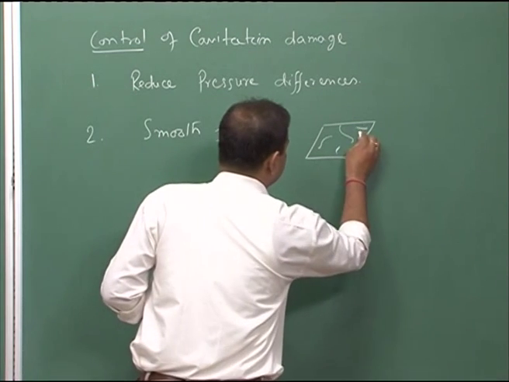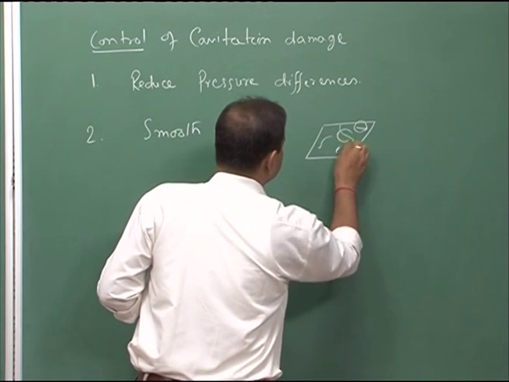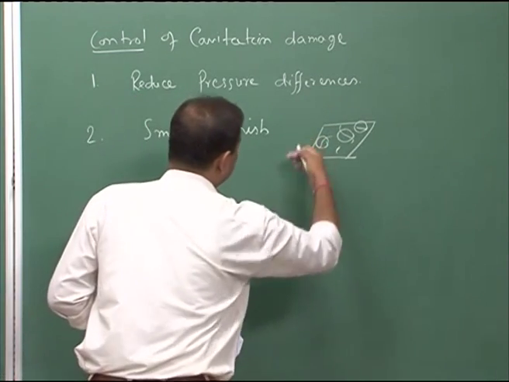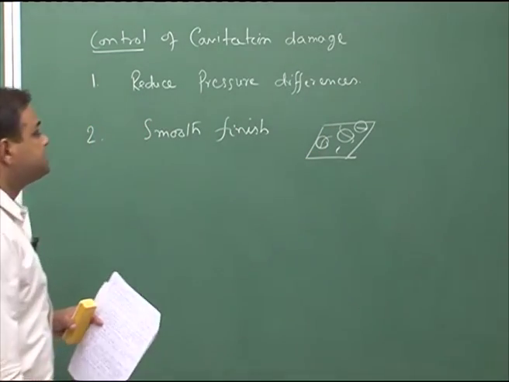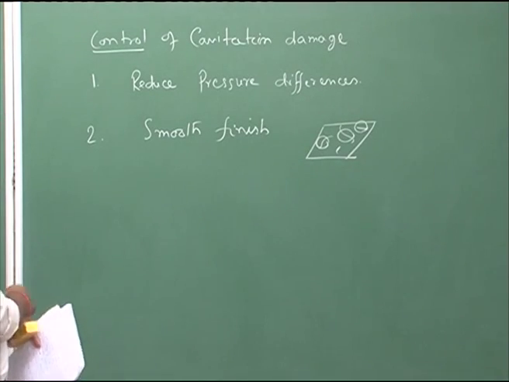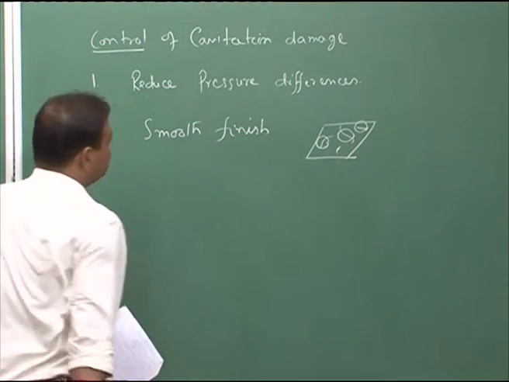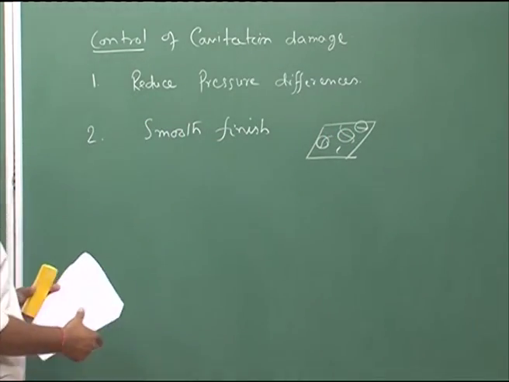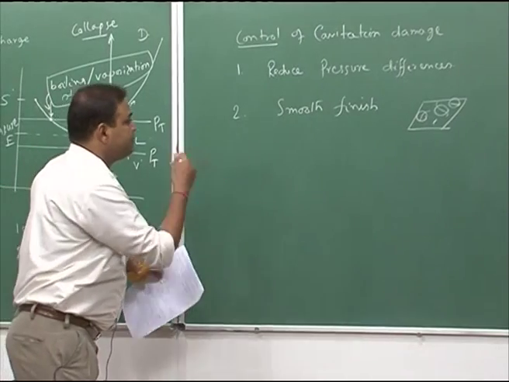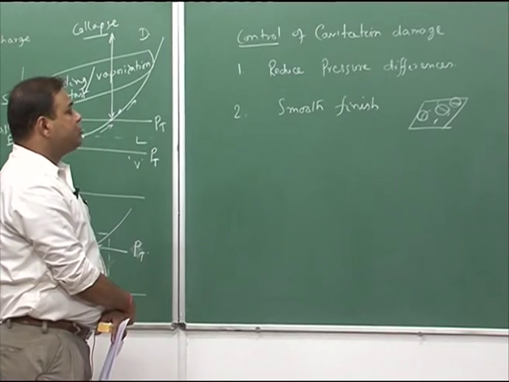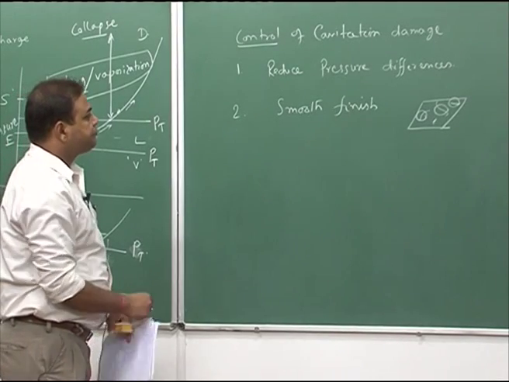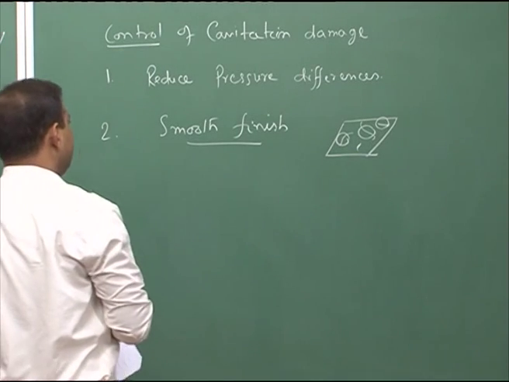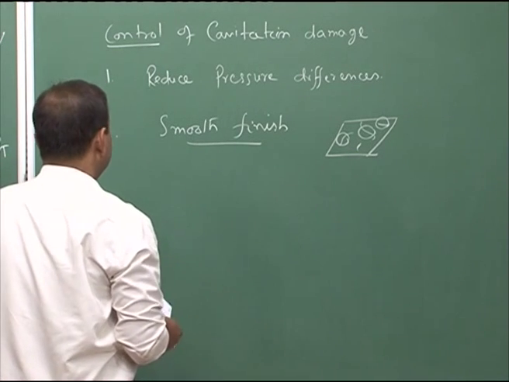So, if you have a scratch, there will be bubble formation, and wherever you do not have any scratch, the bubble formation tendency would be less. So, if you can make the surface very smooth, because why does a bubble form? Because those scratches act as nucleating sites. That means a smooth surface finish would minimize bubble formation.